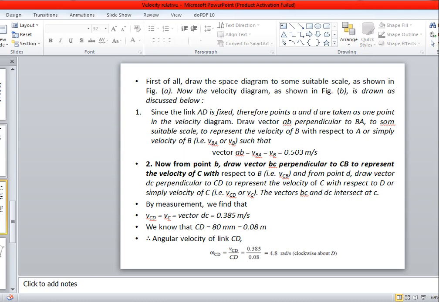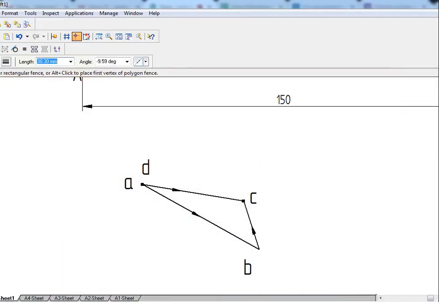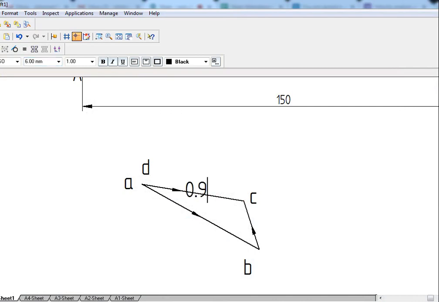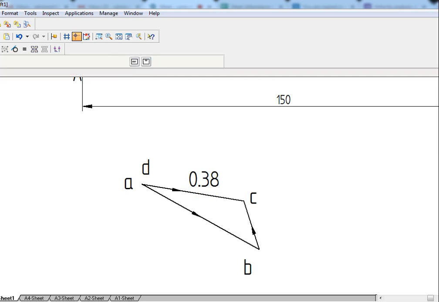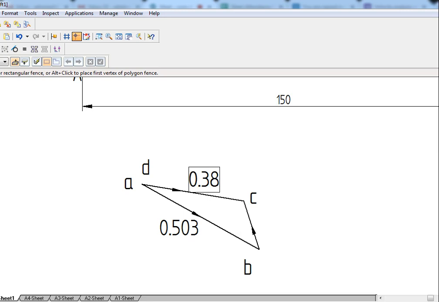So it is the same value that I got. This is having the value of 0.38 something. If you measure this, it is 0.38, and this which you have drawn was 0.503. You have taken this. So now you got the value of CD.